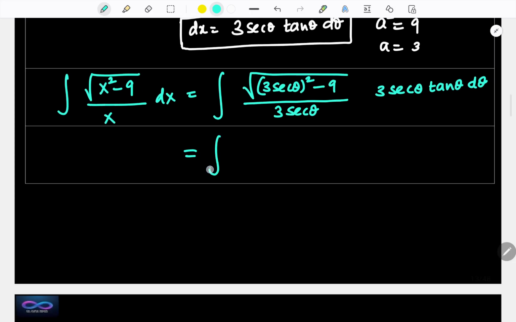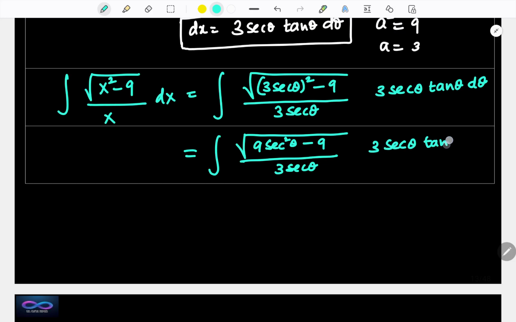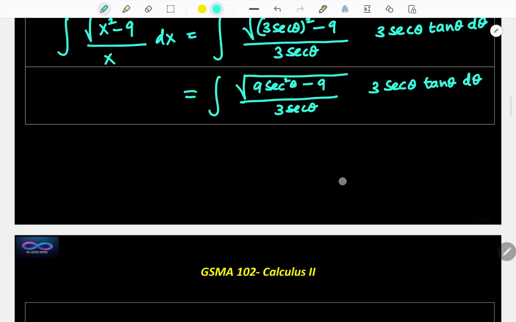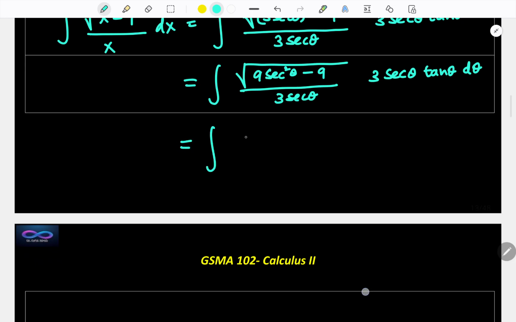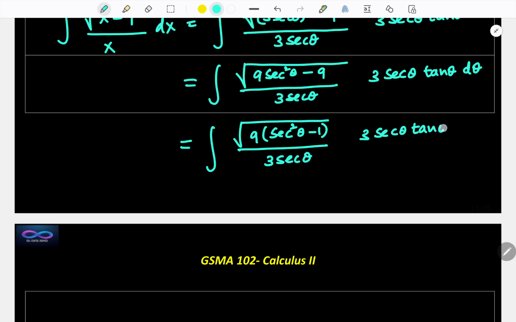This equals integral square root of 9 secant square theta minus 9 divided by 3 secant theta, after that 3 secant theta tan theta d theta. This equals integral, taking 9 as common, secant square theta minus 1 divided by 3 secant theta, and then 3 secant theta tan theta d theta.